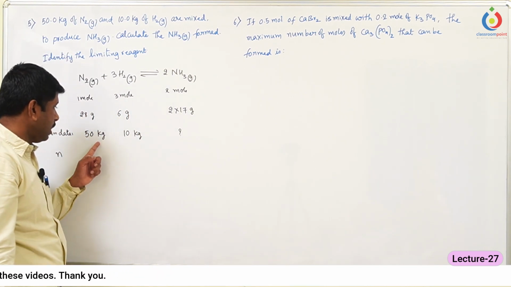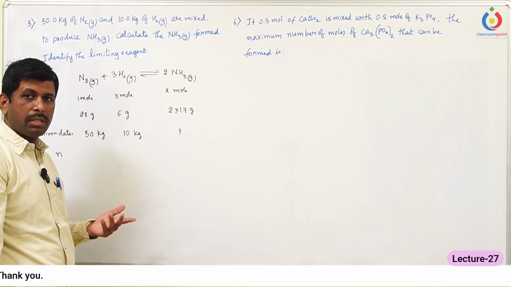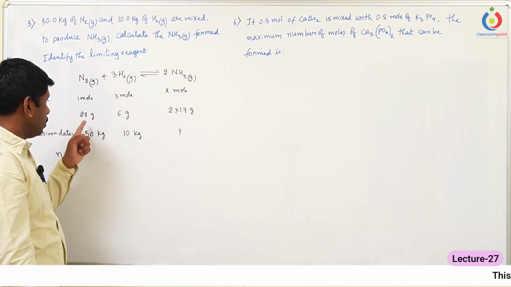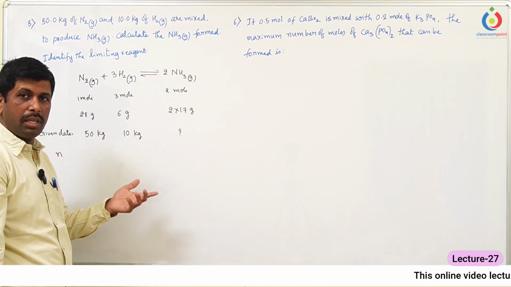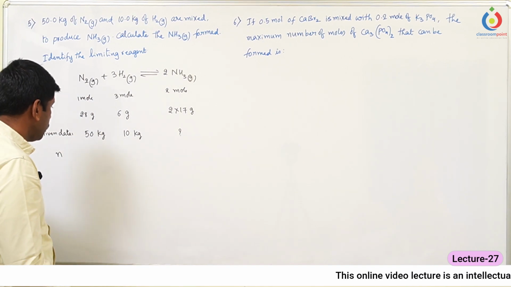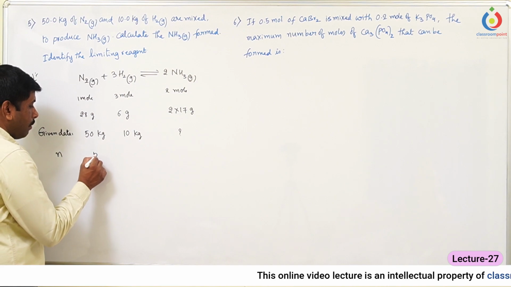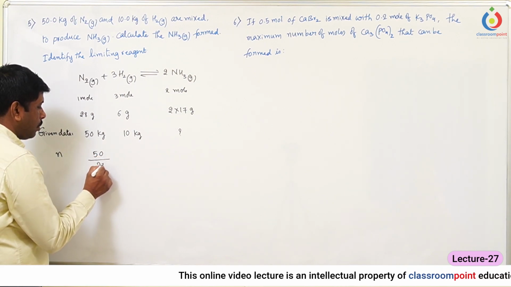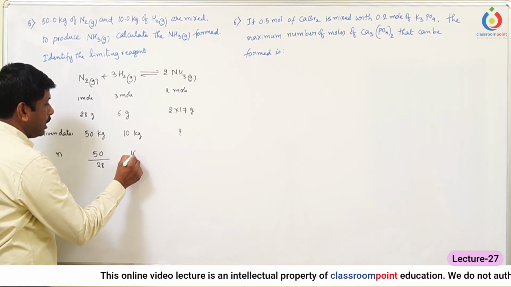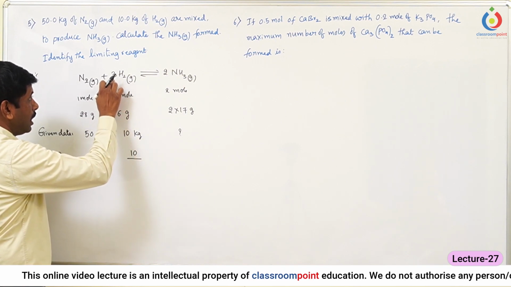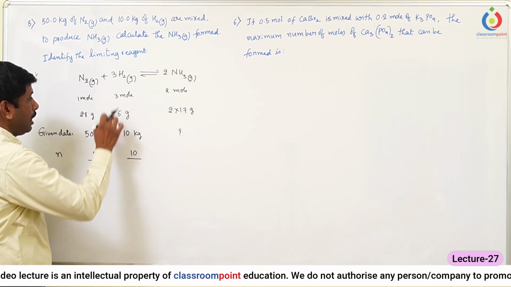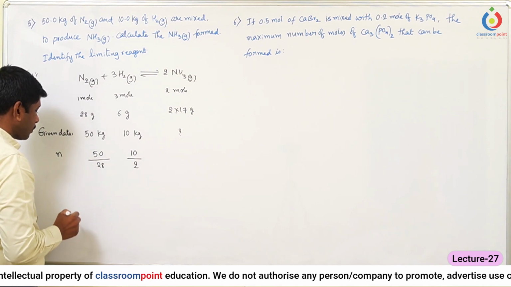Here mass is given in kg, so you consider the molecular mass also as kg. So instead of 28 grams, I am considering it as 28 kg now. So here 50 divided by 28, here 10 divided by molecular mass, not the total mass. So molecular mass is only 2.